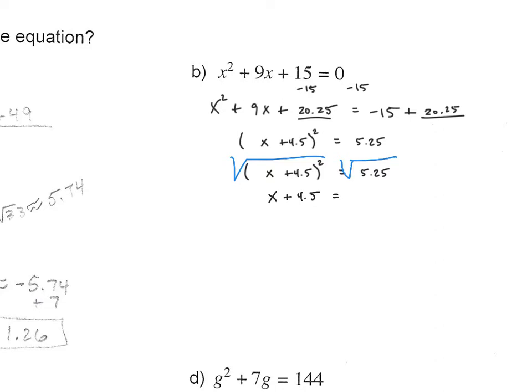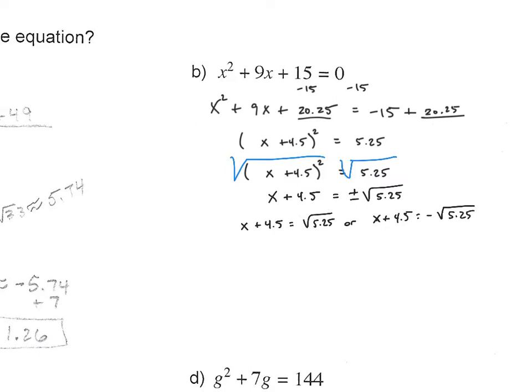Or I'll tell you what, instead of doing that, let's just leave it with a plus or minus the square root of 5.25. So x plus 4.5 is equal to the square root of 5.25, or x plus 4.5 is equal to negative square root of 5.25.